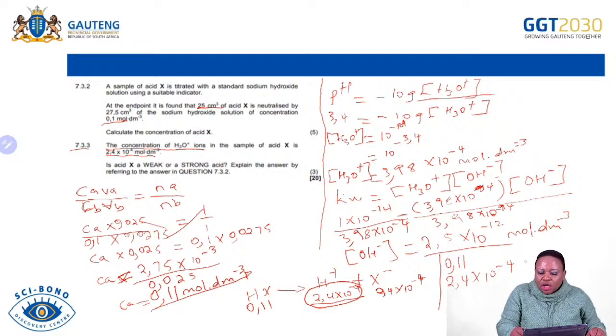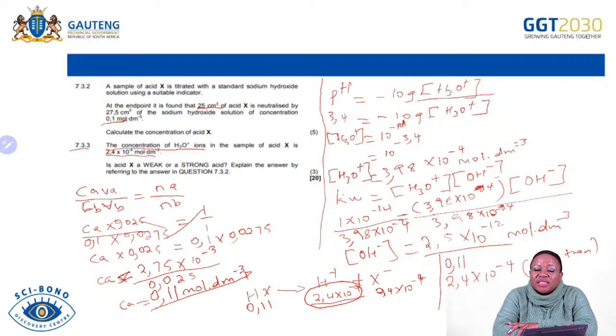You can see that the concentration of the ions that are going to be produced will be less than that of the acid. Why? How do we define a strong acid? We say a strong acid is an acid that ionizes completely. And we also say that as the strong acid ionizes completely, it will produce a high concentration of hydronium ions. Whereas the weak acid ionizes incompletely and it produces a low concentration of hydronium ions.